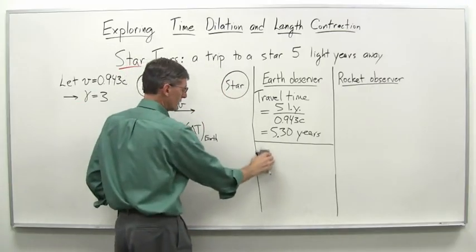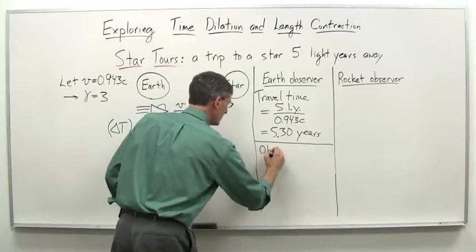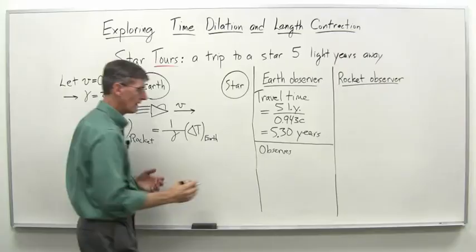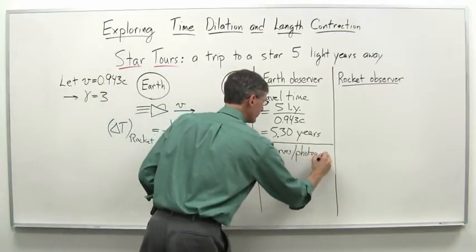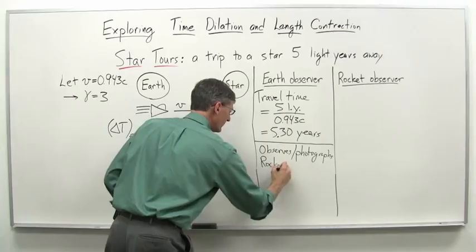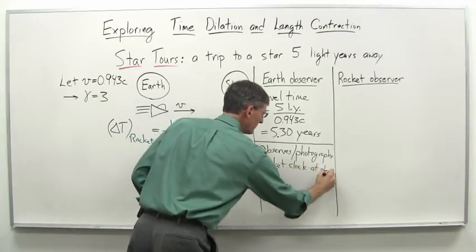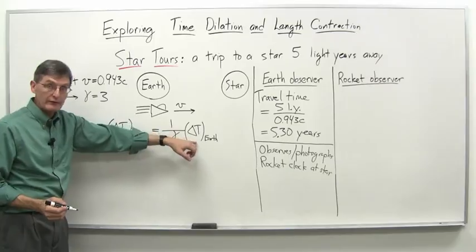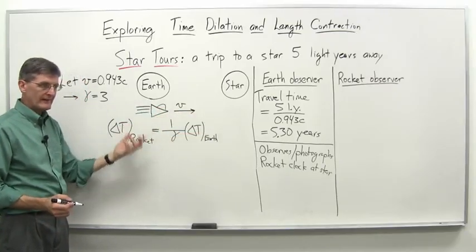then the Earth observer observes, and in this case, observes means photographs, so I might as well say observes/photographs, the rocket clock at the star, and the time on that clock is going to be the elapsed time on the Earth clock, 5.3 years, divided by 3, divided by gamma.